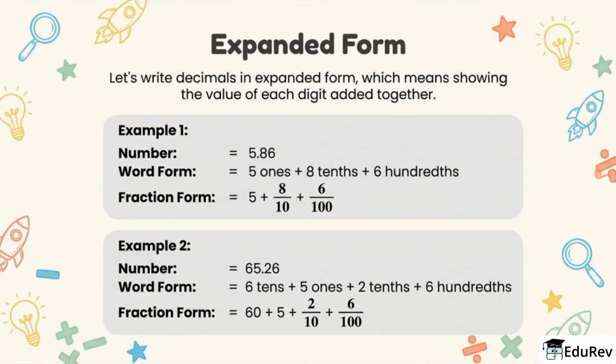Expanded form shows the value of each digit added together. For example, 5.86 equals 5 plus 8 tenths plus 6 hundredths.